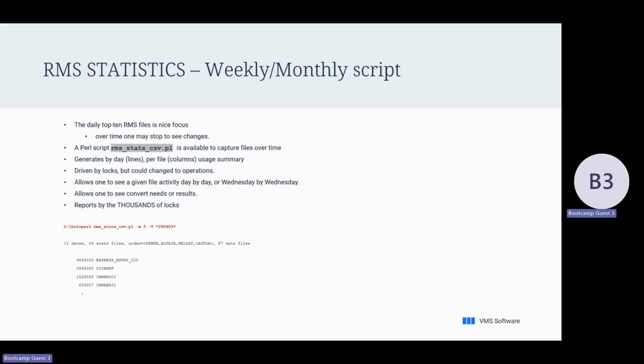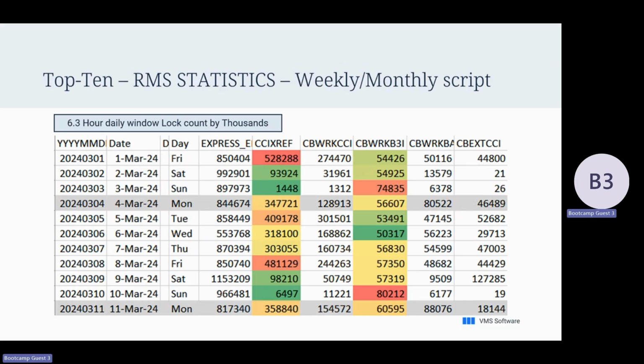But with that data now, as you're collecting your daily hot files and RMS tests, you can go one step further. Because now I have data from every day showing the hot files, and I can generate a CSV file saying, for my 20 hot files, these were the log counts in the window on a given day.